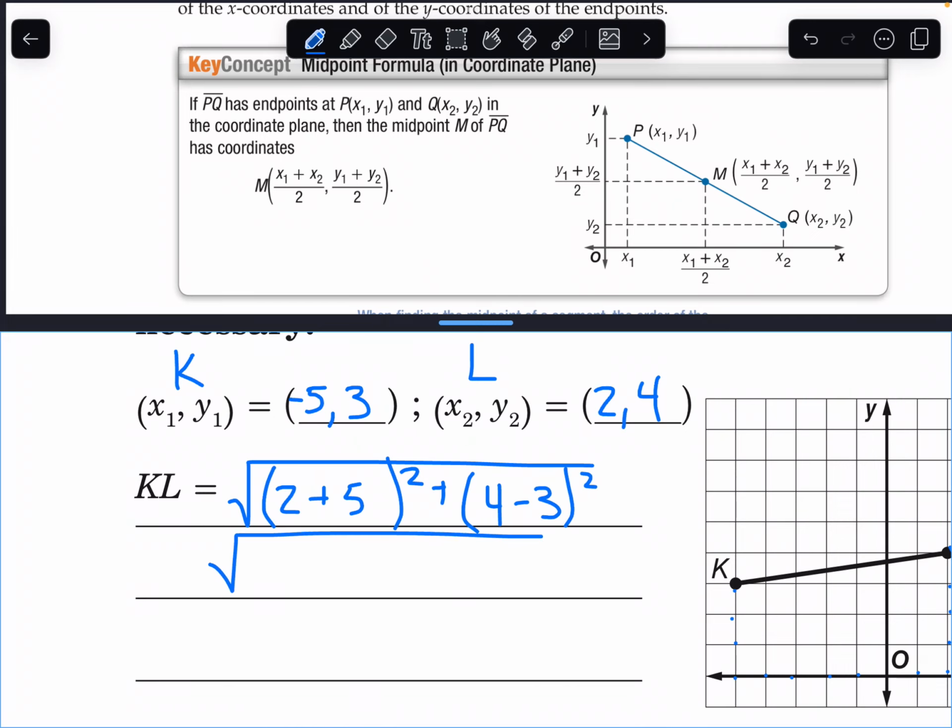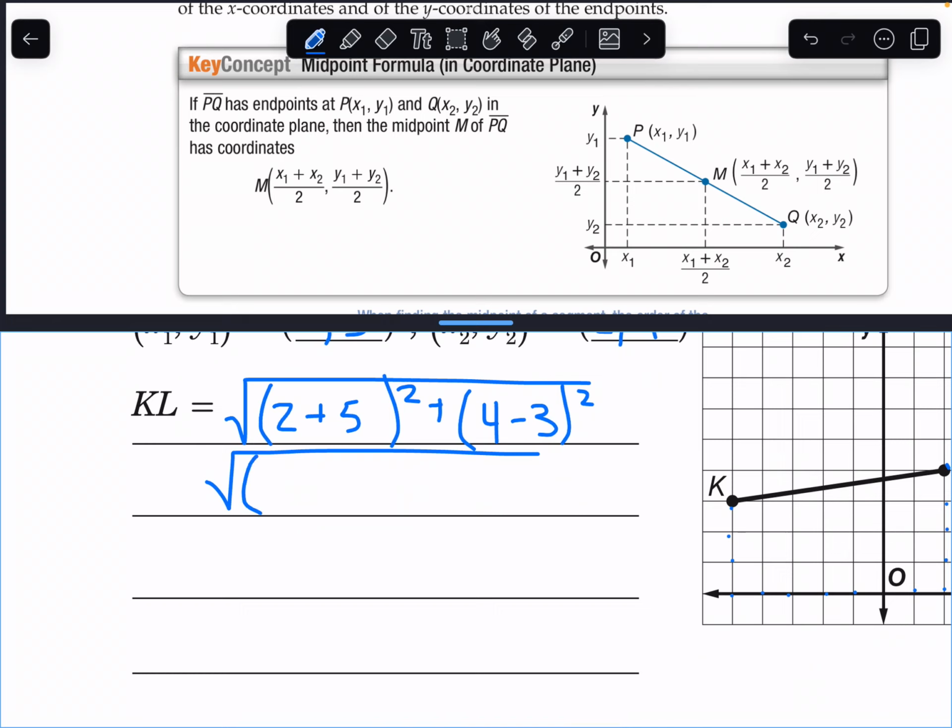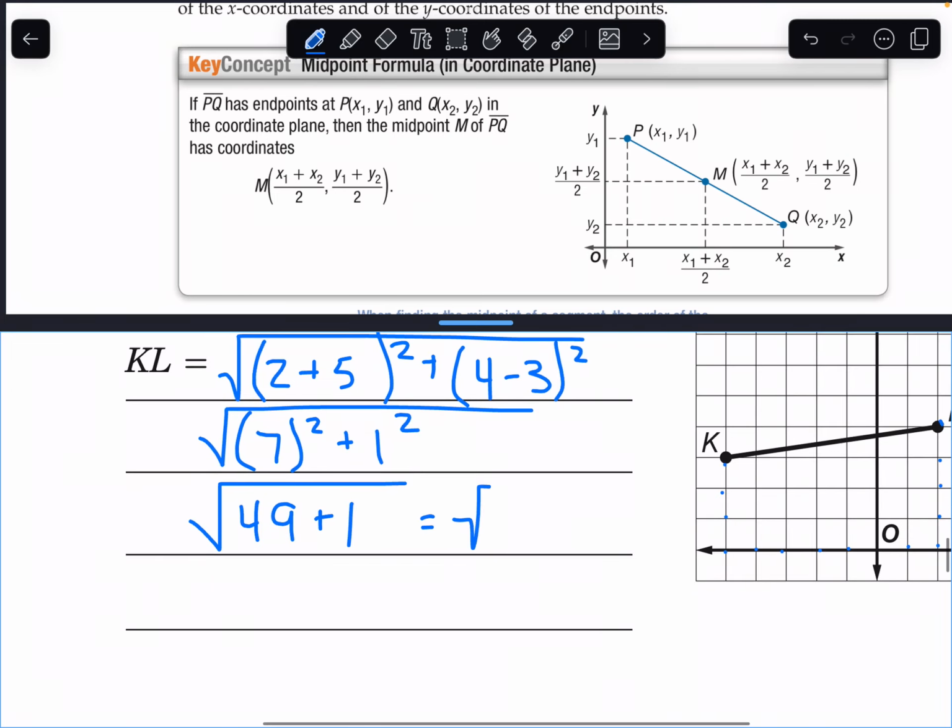Square root of 2 plus 5 is 7 squared. I don't really need the parentheses anymore. 4 minus 3 is 1 squared. 7 squared is 49, plus 1 squared is 1. So this is the square root of 50. All right, there's what they asked for.